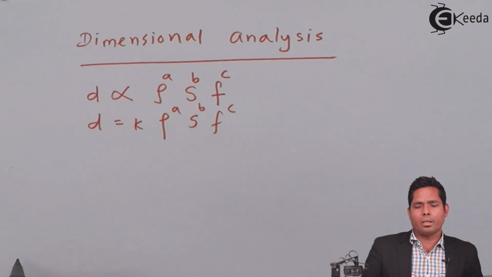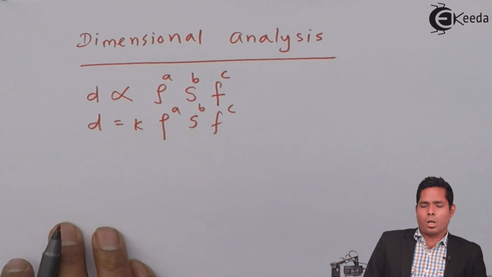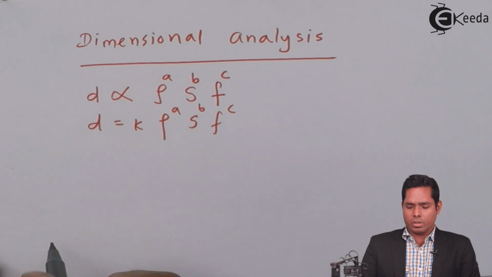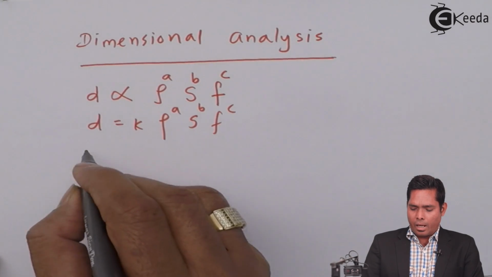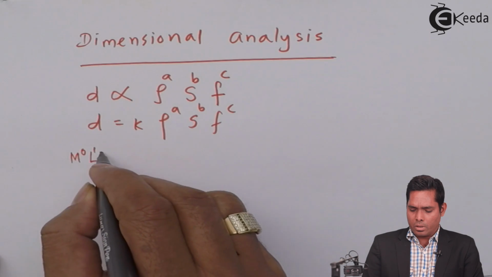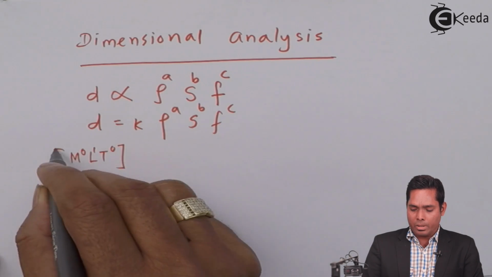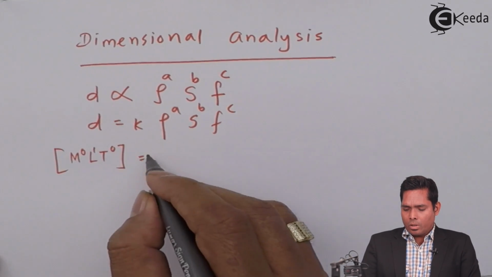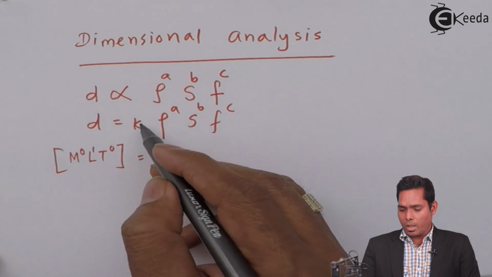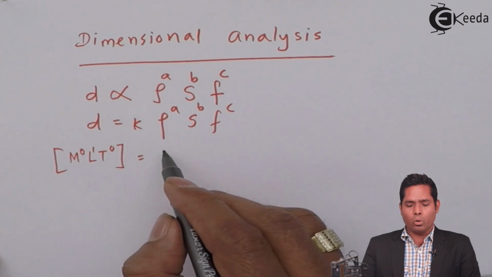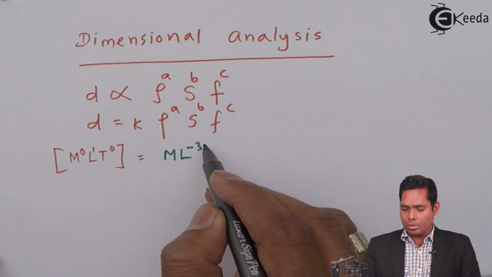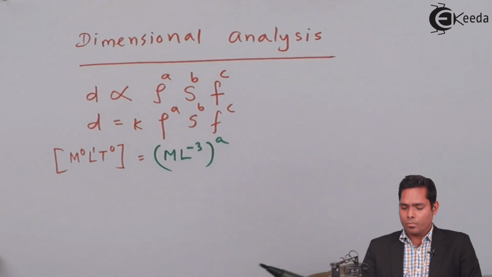Now we use dimensional analysis by putting the dimensions on both sides of the equation. Distance d in terms of dimensions is M^0 L^1 T^0. I consider the constant dimensionless, so no dimension. Density is mass upon volume, so it is ML^-3 to the power a.